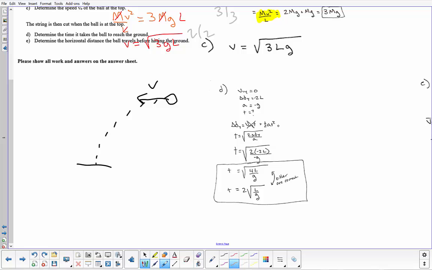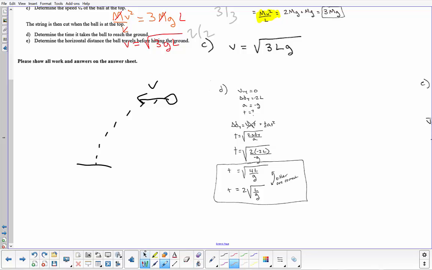From this, we use this equation here. Initial velocity cancels out. I rearrange this for time, plug in 2L and g, respectively, and we get either of these two answers. You could have left the 4 under the radical, which would have been perfectly fine, or you could have recognized that that's actually 2 times the radical L over g. That's the time it takes to land.